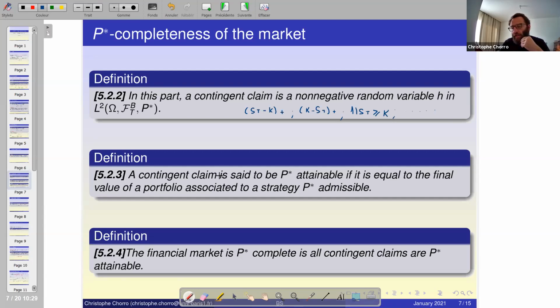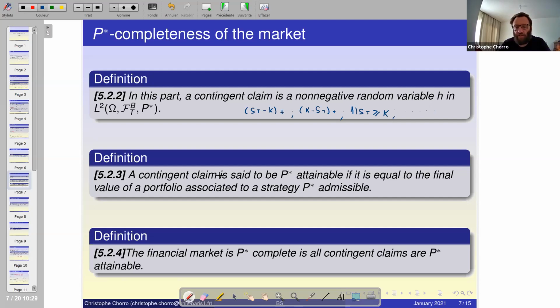And in some sense, a contingent claim that is P star attainable, we also say P star replicable, is an asset that you can deduce from the assets that are present in the market.